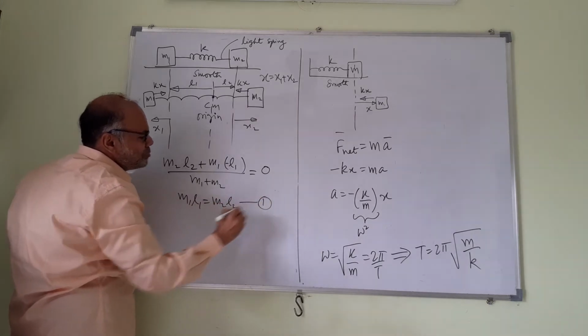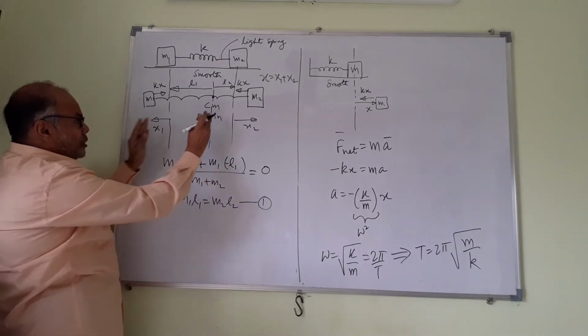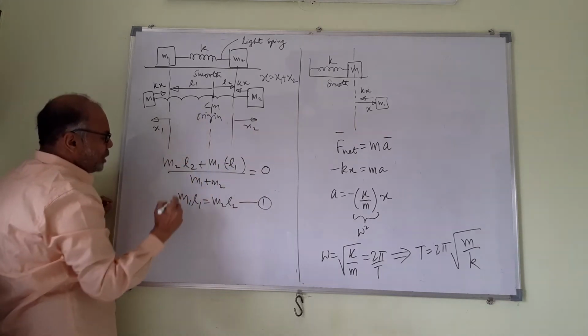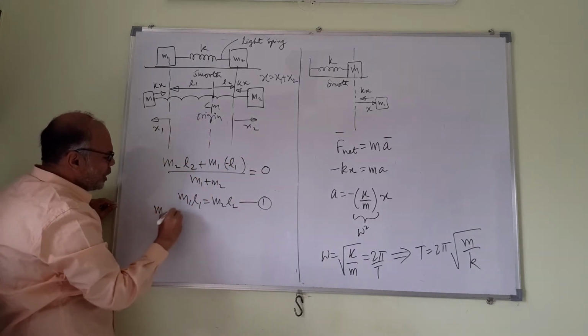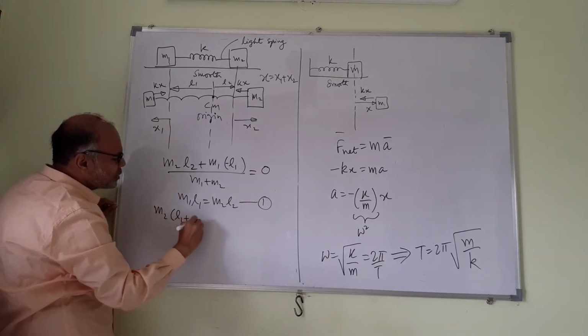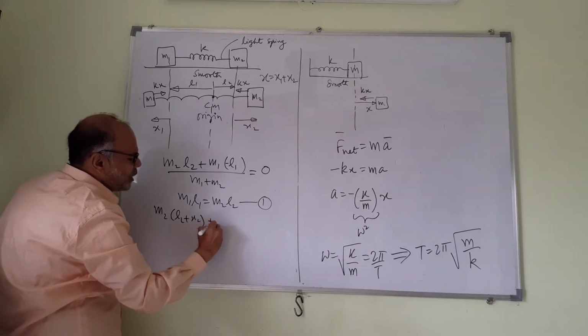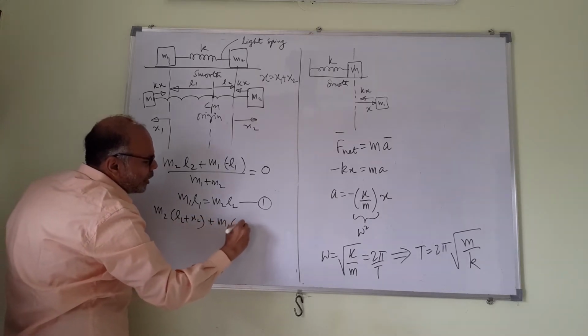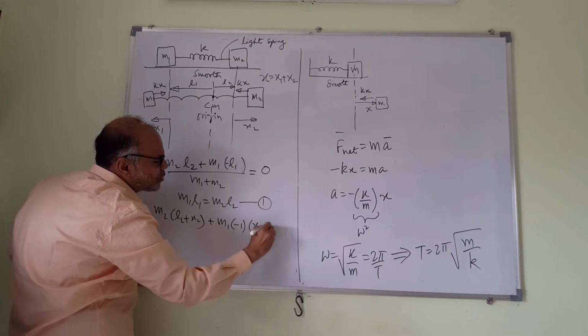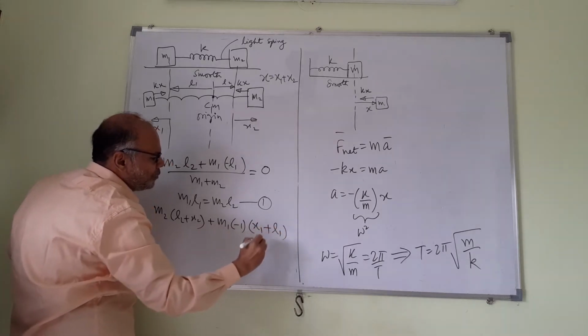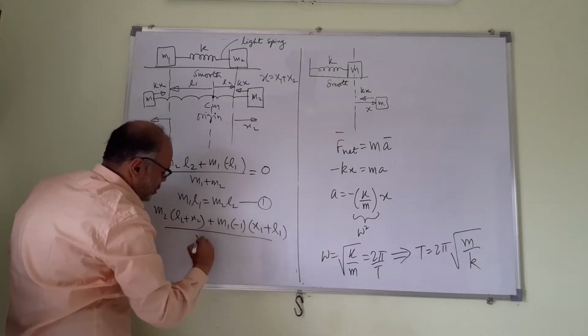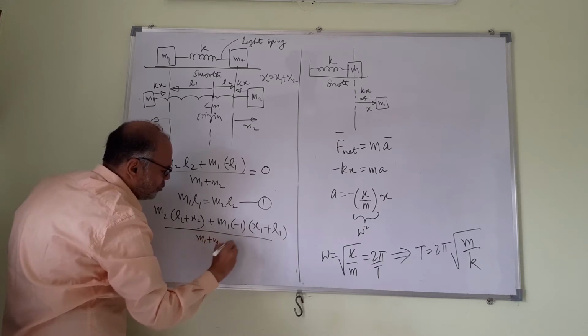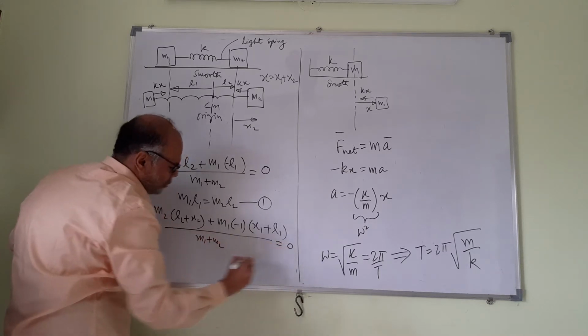This is one equation. Now, for the extended position, you can do the same thing. It would be M2 into L2 plus X2, plus M1 into minus 1 into X1 plus L1, divided by M1 plus M2, that is equal to 0.